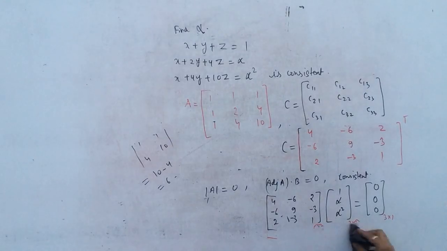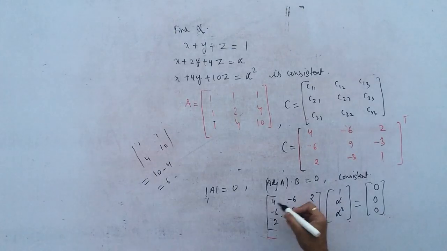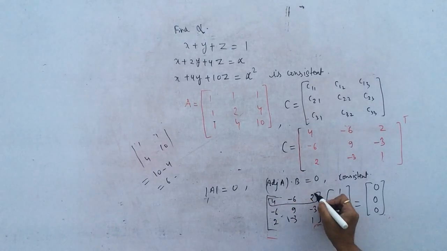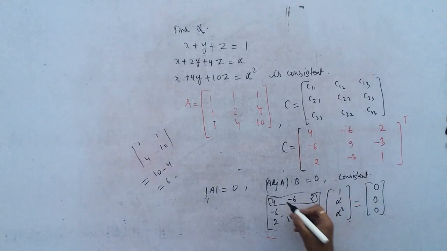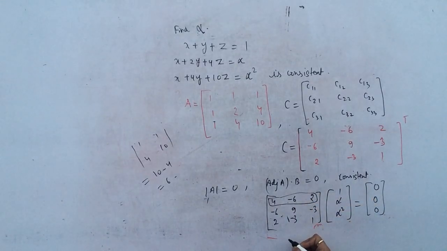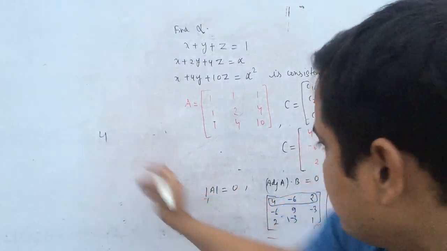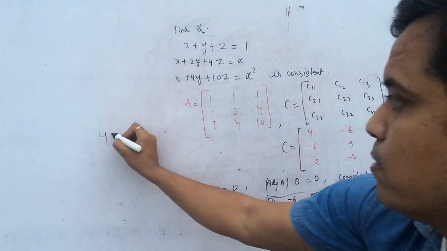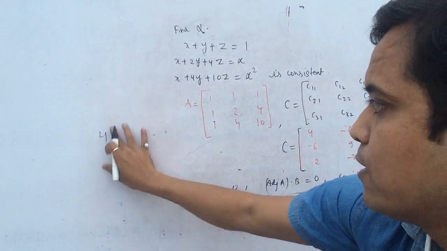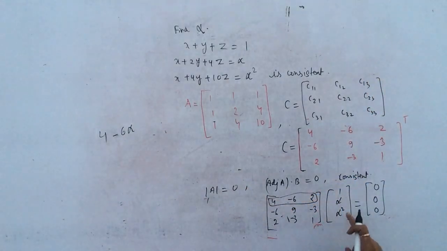When you multiply these, what would you get? Row 1 will multiply with column 1. The equation will be: 4 into 1 plus minus 6 into alpha plus 2 into alpha square.